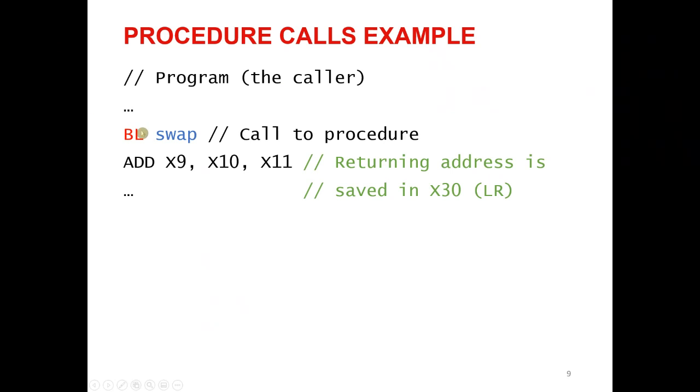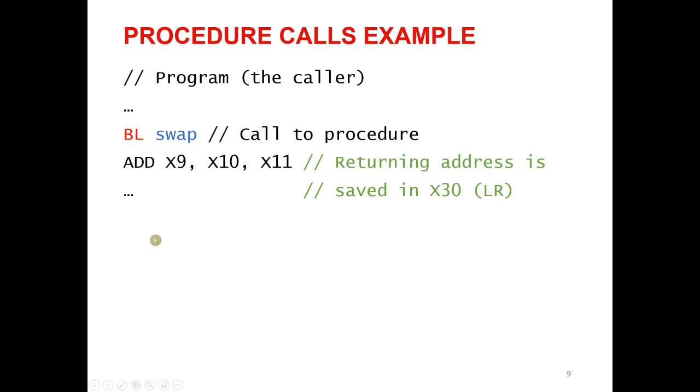Once I finish the procedure, I will return to this instruction. So this command BL will automatically store the next instruction, which is this one, in the register X30, which is the link register. And after having saved the next instruction to perform after the procedure, it will then jump to the procedure.